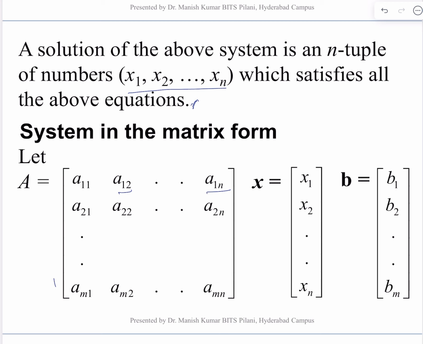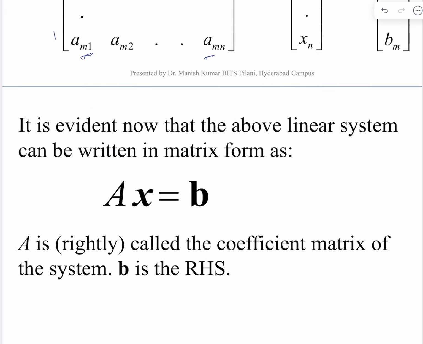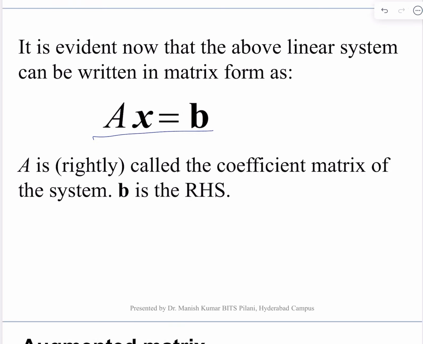We represent it as A. So each coefficient is written as an element, and X is the solution: x1, x2, xn is a column vector. b1, b2, bm is the column vector, right? So solving the system is equivalent to Ax equal to B, right? And A is rightly called the coefficient matrix, and B on the right hand side is called the right hand side vector.